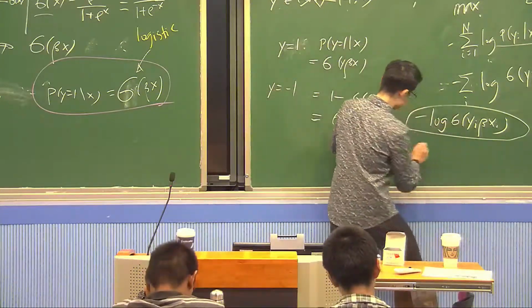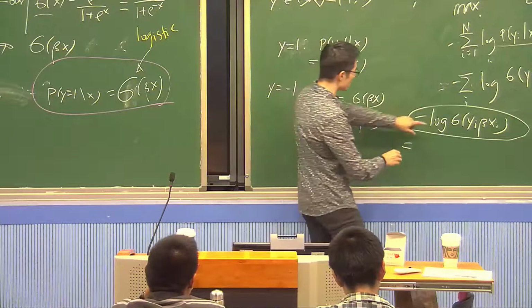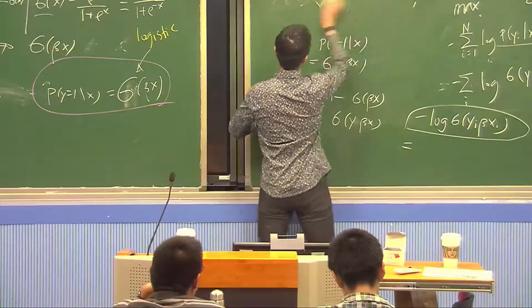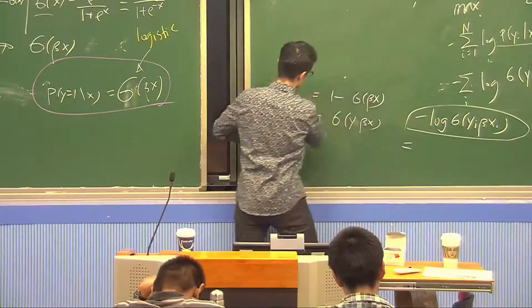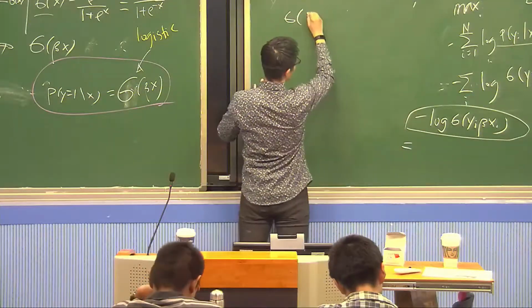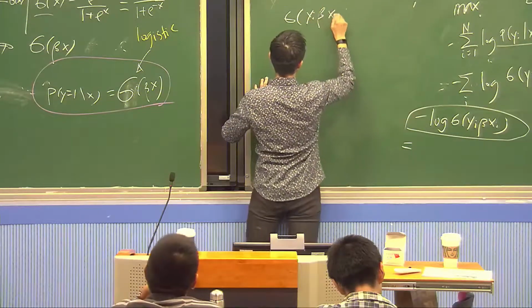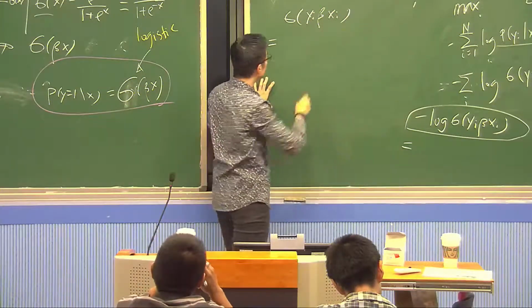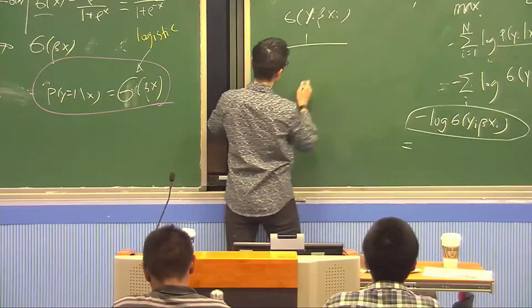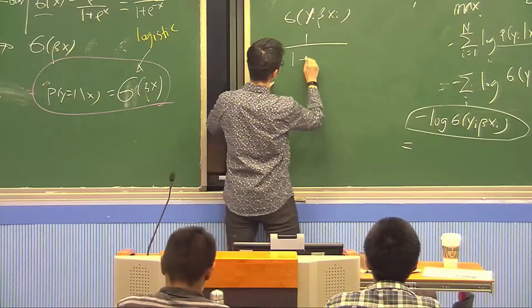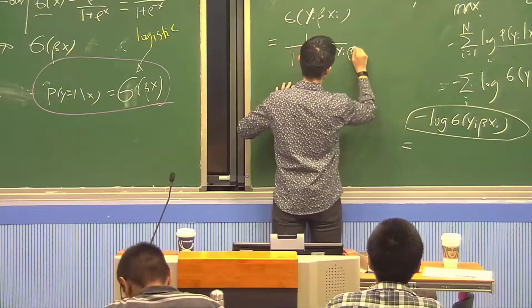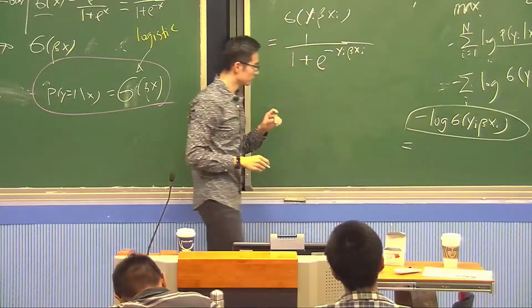Now, if you write it in an even easier way, what is sigmoid yi beta xi equal to? It's equal to 1 over 1 plus e to the minus yi beta xi.